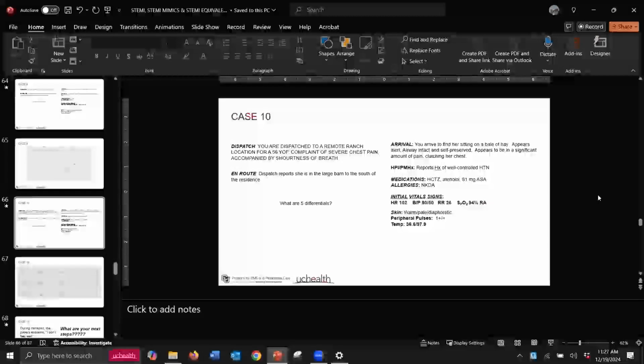She appears alert, airway intact and self-maintained, appears to be in a significant amount of pain, clutching her chest. She reports a history of well-controlled hypertension, takes hydrochlorothiazide, atenolol, and 81 milligrams of aspirin, has no known allergies, a heart rate of 102, a blood pressure of 80/50, a respiratory rate of 26, and an SpO2 of 94.